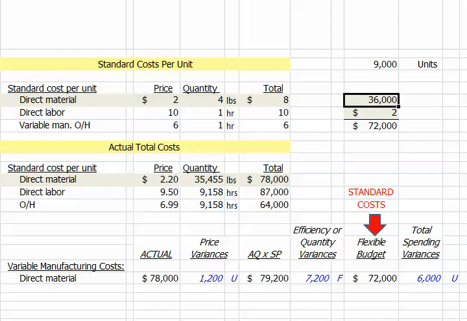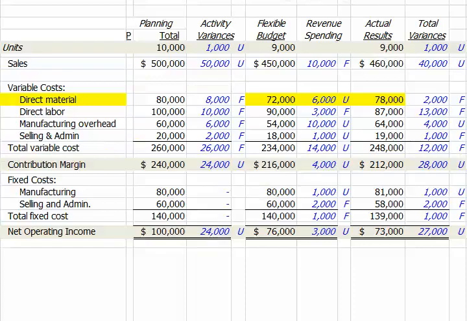Finally, notice that a $7,200 favorable quantity variance combined with a $1,200 unfavorable price variance totals to our $6,000 unfavorable spending variance, which is what we wanted to explain. That, again, was the unfavorable spending variance from our performance report.